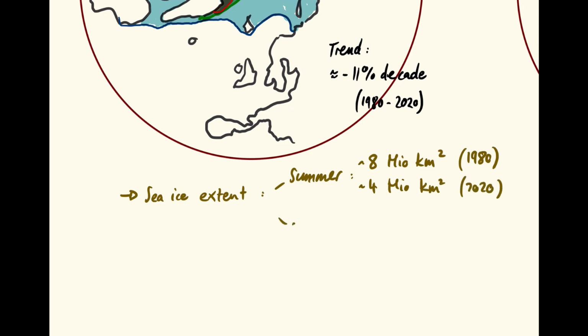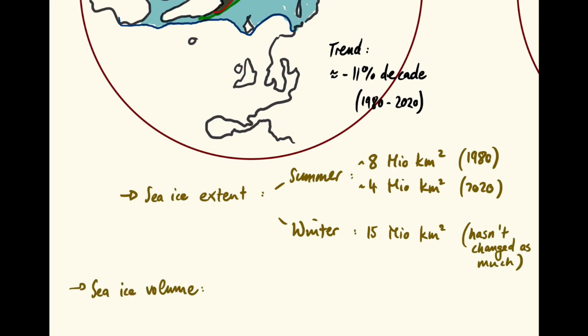And in the winter, each year it grows to be around 15 million square kilometers. And this hasn't changed as much over the last 40 years.